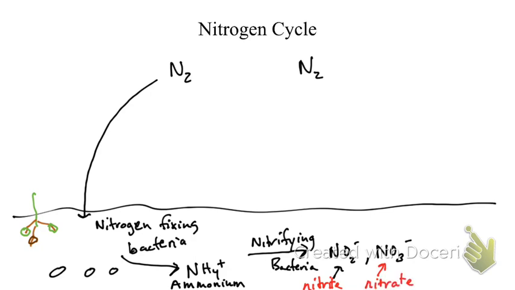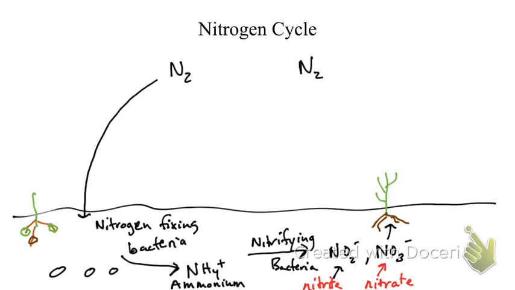And the cool thing about nitrate is nitrate can be used in plants. So nitrate is something that can be taken up by the root system. So here's another plant, and it can be taken up by the root system, and it could be used as a source of nitrogen.